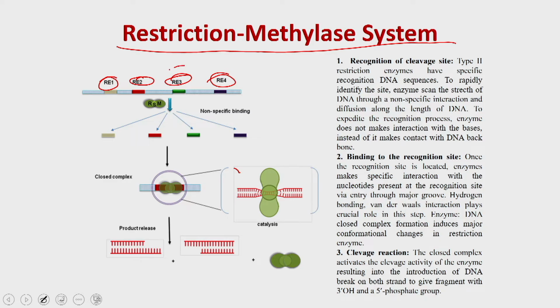For example, in this case RE3 is the restriction site for which the enzyme is being added, so once it forms the closed complex, it is going to cleave the DNA and generate the fragments. Once it cleaves the DNA, the enzyme is released.